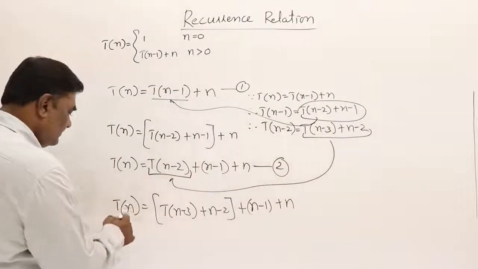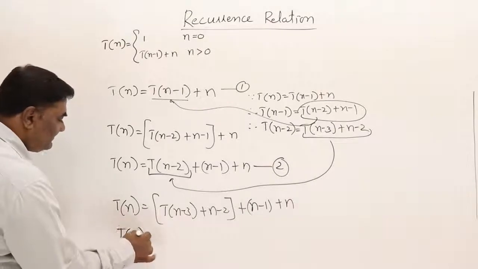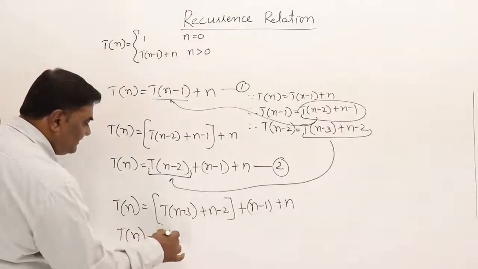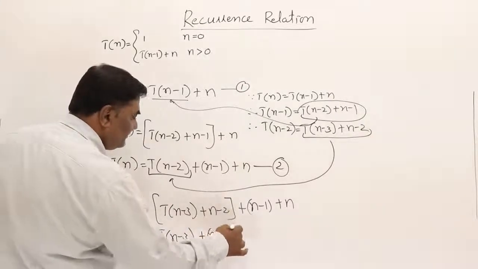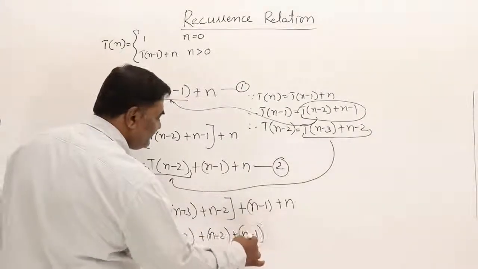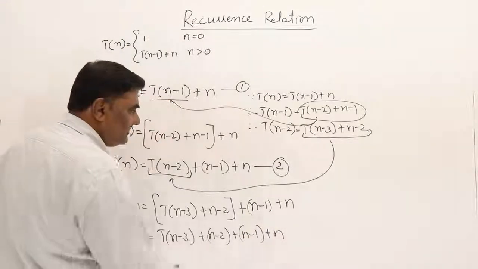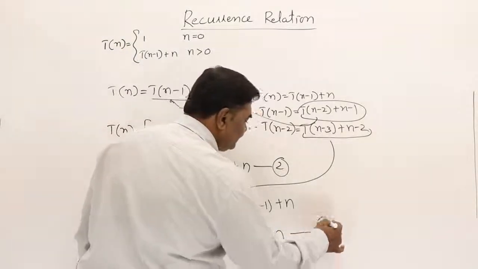Open this one. Tn is equal to Tn minus 3 plus n minus 2 plus n minus 1 plus n. This is the third equation.